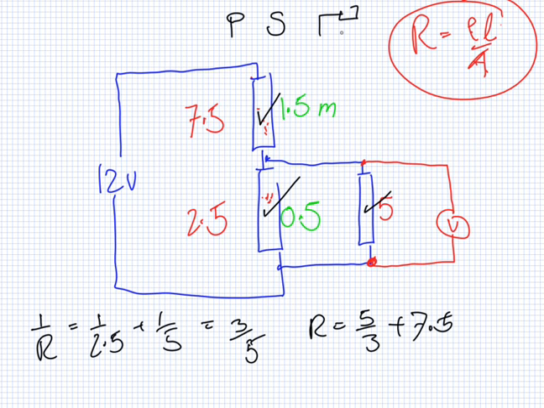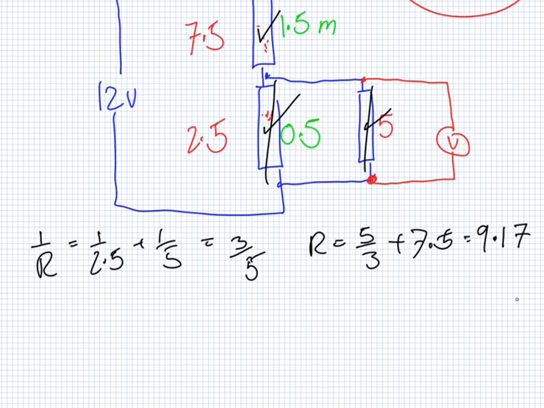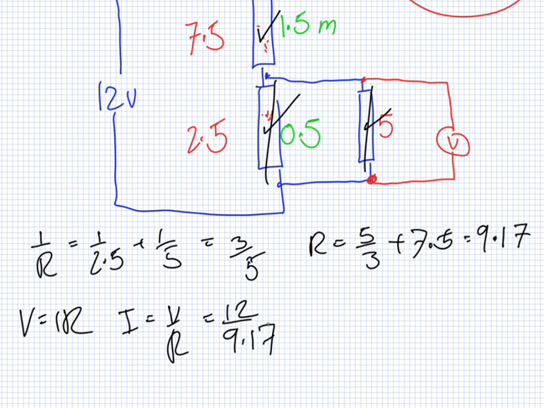So I'll do these ones first so they're in parallel. It comes in at 9.17. So we can use Ohm's law again. And we get I equals V over R, which is 12 over 9.17, which is 1.31 amps.